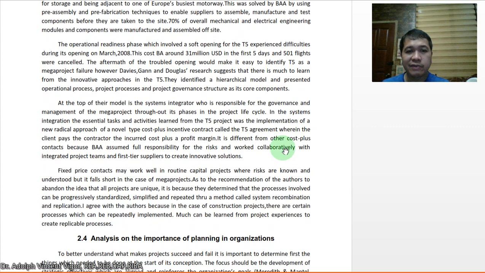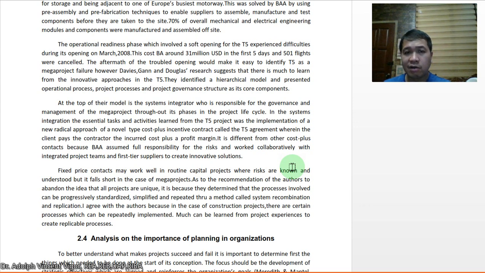The operational readiness phase, which involved a soft opening for the T5, experienced difficulties during its opening in March 2008. This cost BA around 31 million US dollars in the first 5 days, and 501 flights were cancelled. The aftermath of the troubled opening would make it easy to identify T5 as a mega project failure.